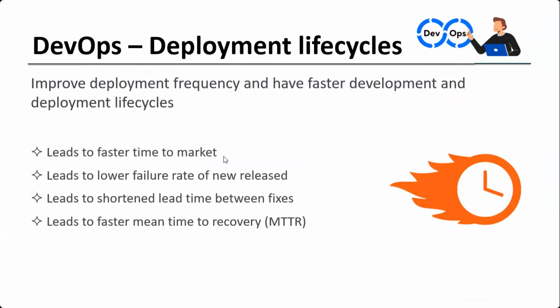So this improvement leads to better software quality and increased customer satisfaction and of course greater overall efficiency, okay, which we can say leads to faster mean time to recovery.